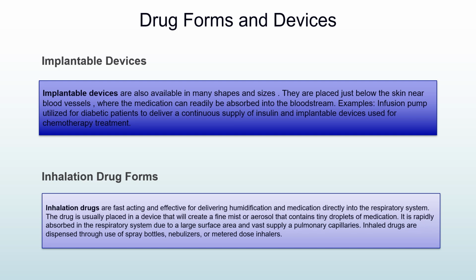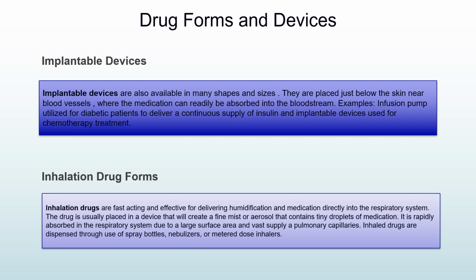Other forms, like implantable devices, are also available in many shapes and sizes. They're placed just below the skin near blood vessels where the medication can be readily absorbed into the bloodstream. An infusion pump utilized for diabetic patients is an example to deliver a continuous supply of insulin, and implantable devices are used for chemotherapy treatment. Inhalation drug forms.